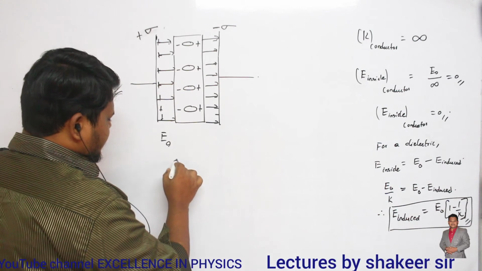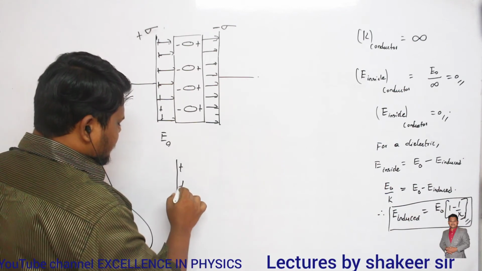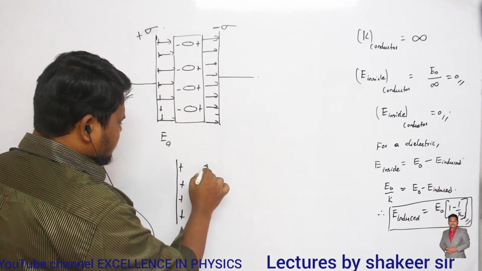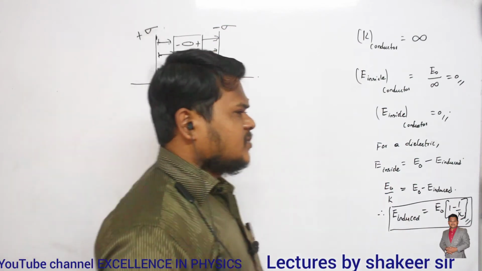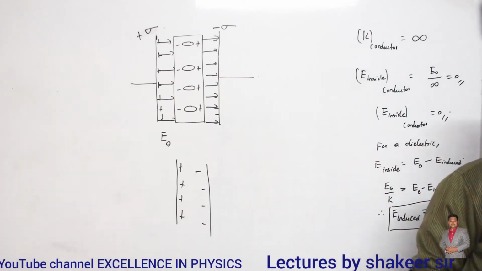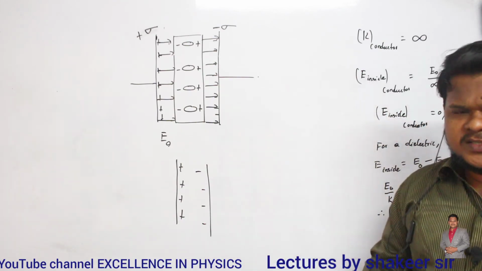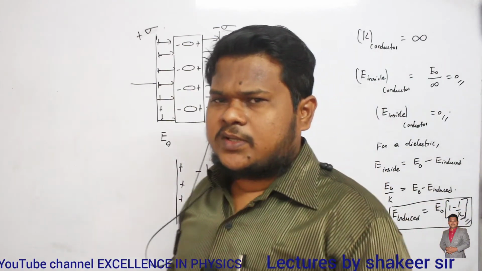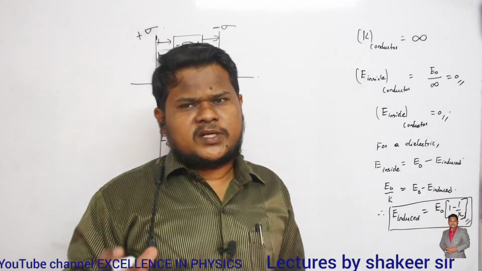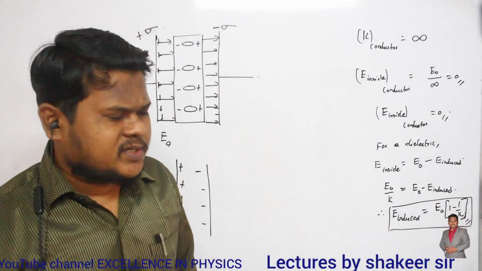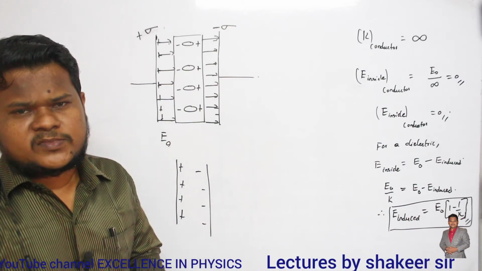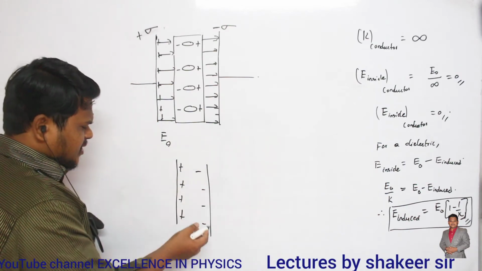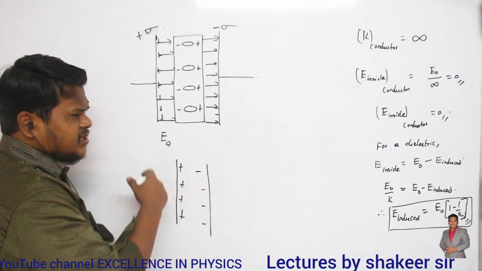See, basically why are we using parallel plates in the case of a capacitor? Already we have discussed this previously, no? Why have we used parallel plates for a capacitor? A single body is also a capacitor, no? Any body which is charged is also a capacitor. But what is the reason that we place parallel plates? The reason for placing parallel plates is that potential decreases.